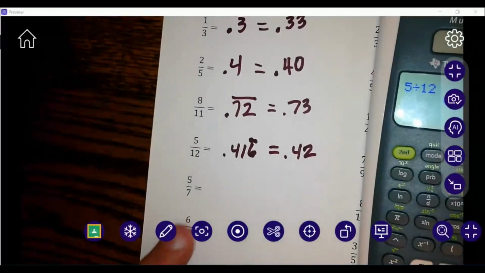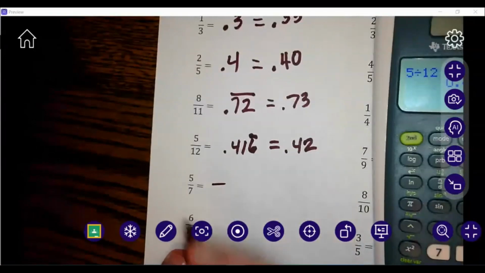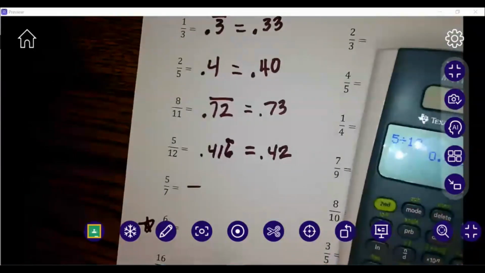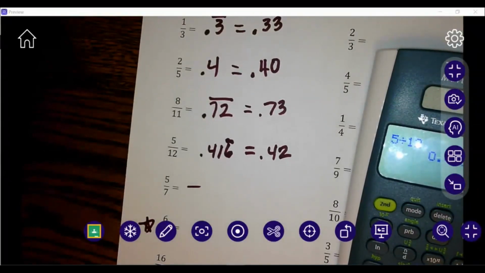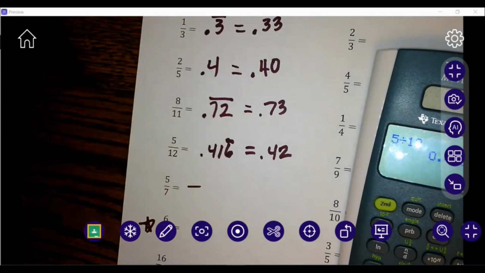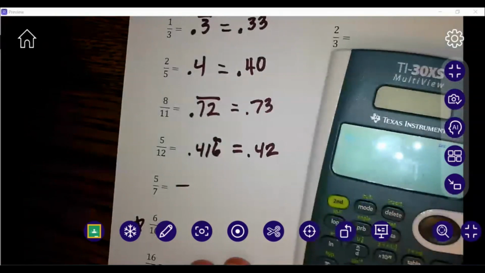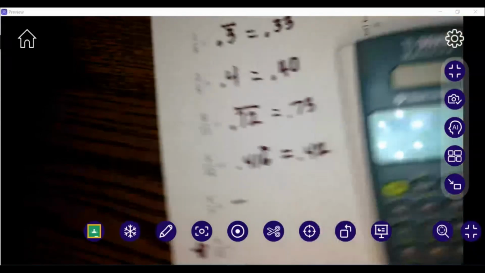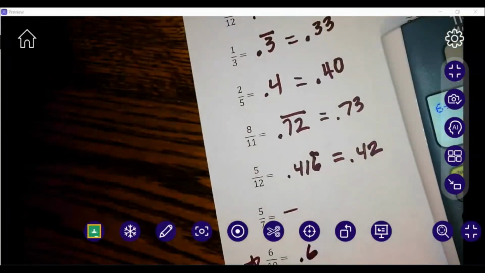Okay. I want you to skip down to this one. 6/10. Do that one for me. Okay. So when we punch that one in, 6 divided by 10, we get 0.6.